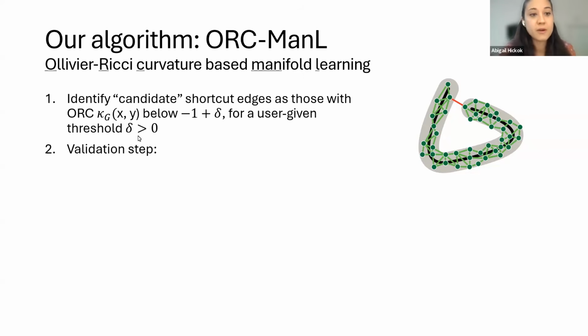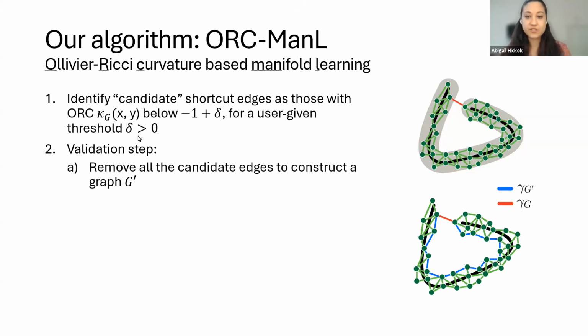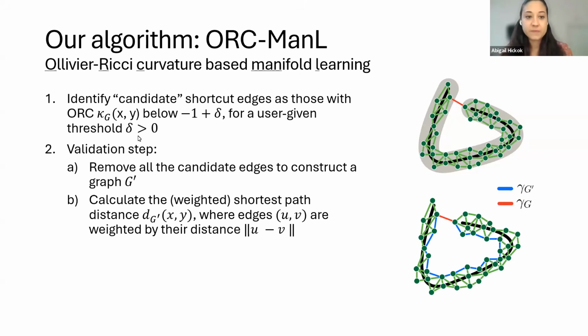And then the second step is, rather than just removing all of these candidate edges and calling all of them shortcuts, because some of them are not, we have this validation step where we construct this intermediate graph G prime. We remove all these candidate edges that we identified in step 1. In this graph, for every candidate edge, we calculate the weighted shortest path in this intermediate graph, like this little blue path here in this toy example.